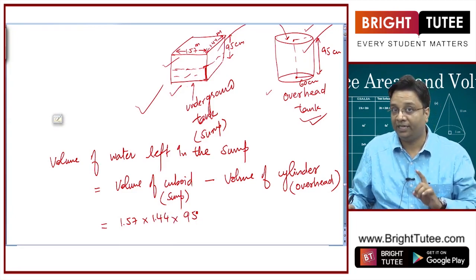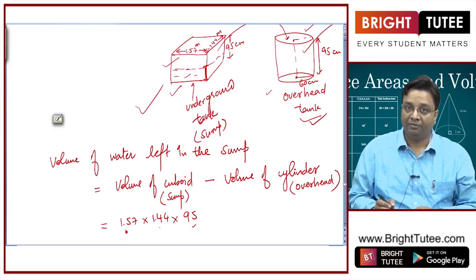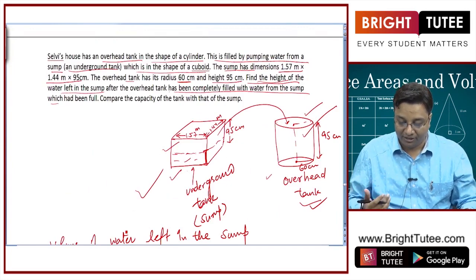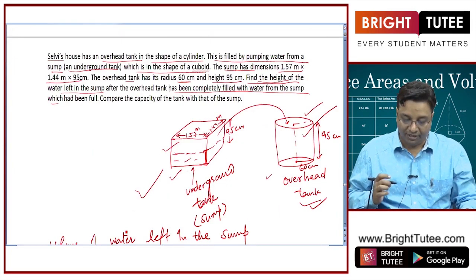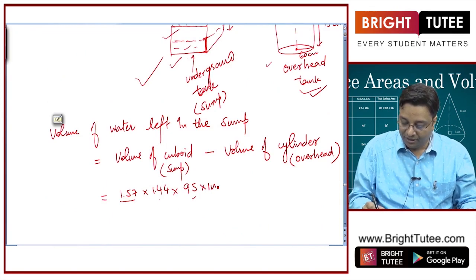Now you need to take care that this dimension is in centimeter, these dimensions are in meters. So either you convert every dimension into centimeters or into meters. I'll convert these into centimeters, let's say. So this is in meter, so I'll multiply it by 100. This is in meter, I'll multiply it by 100.